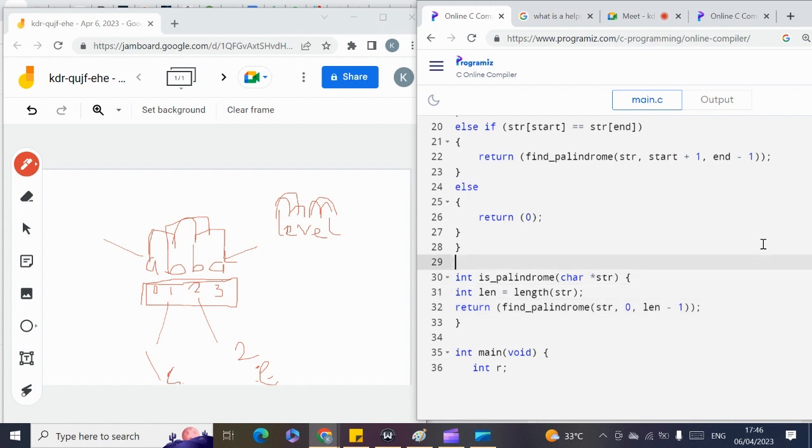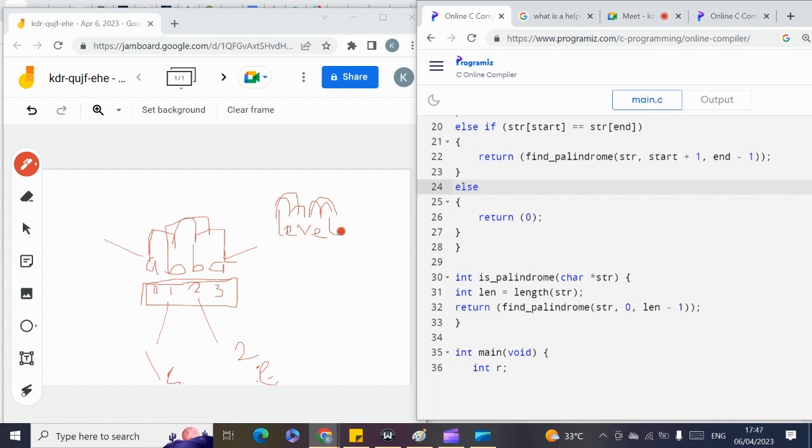This one is calling the find palindrome function, then returns the string of the palindrome, starting from the zero index to the length, which is n minus one.